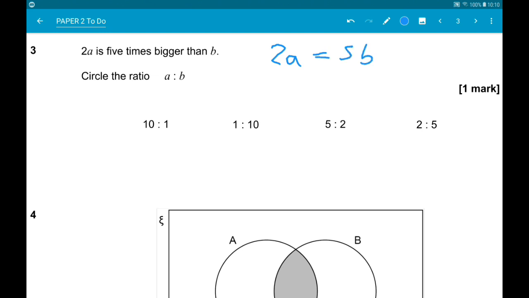Now, the easiest way to do this is to think of values of a and b which make this work. So the first thing 2 and 5 go into is 10. So for that, a would need to be 5, b would need to be 2. So the ratio a to b is 5 to 2.